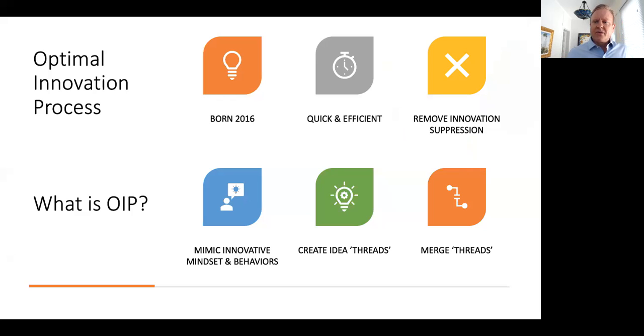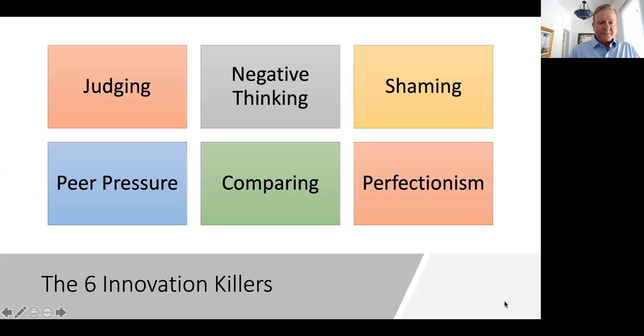It gets rid of innovation suppression because we live in societies where there's lots of rules and that suppresses innovation. We are mimicking high performance teams and how they behave. As team members, we will be creating idea threads, which is basically taking one little idea out of several ideas that all the members contribute, and then we merge those ideas together in what we call threaded merges.